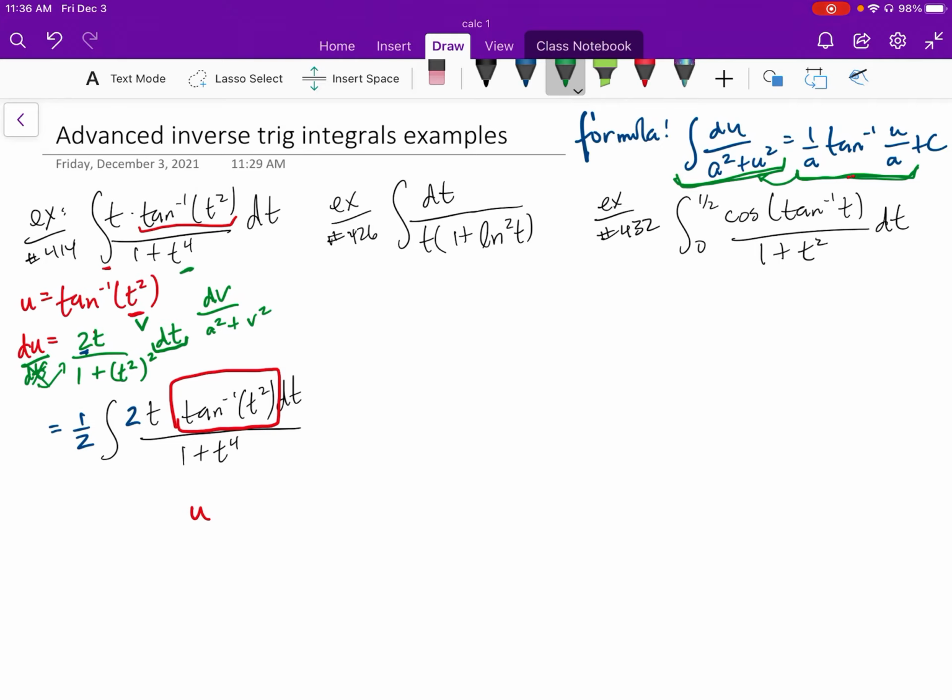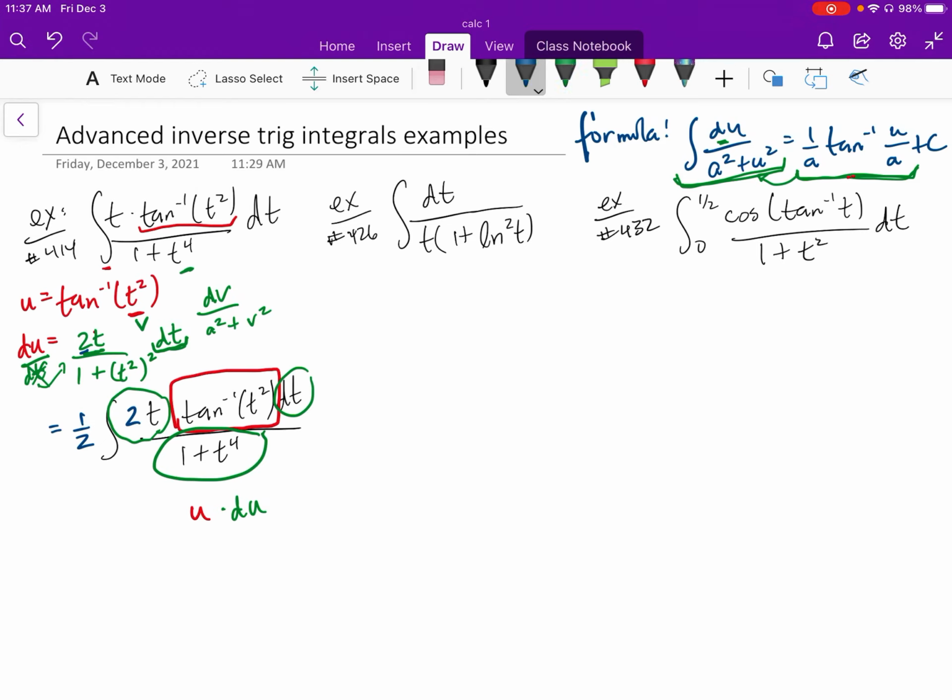Everything else I had in green here, 2t dt, was part of du, and the 1 plus t to the fourth, all of that stuff is du. Now it's important you don't end with a divide by du, right? du is always in the numerator, it's always multiply, just like that formula that we had manipulated for this problem. We have u du.